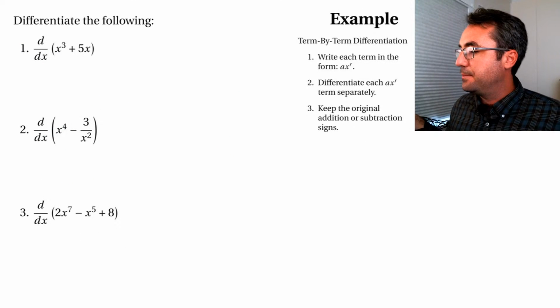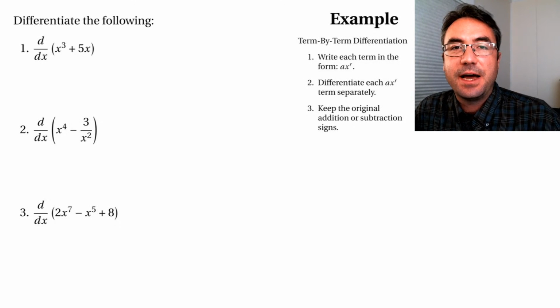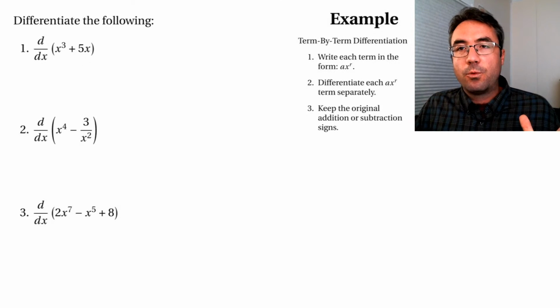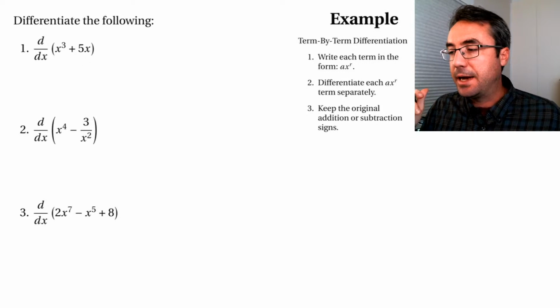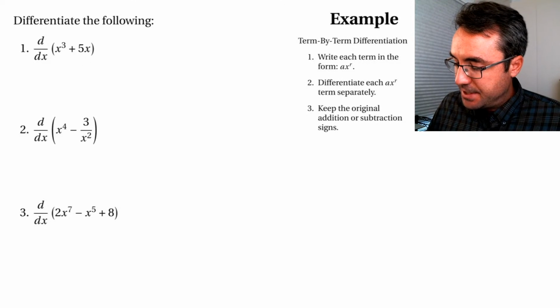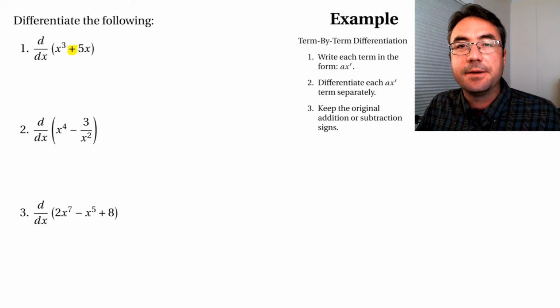So let's look at first the function x cubed plus 5x. And this is just regular sum rule that we're going to apply here. So let's see how the sum rule works. And what we see is that right in the middle there, we have a plus sign.